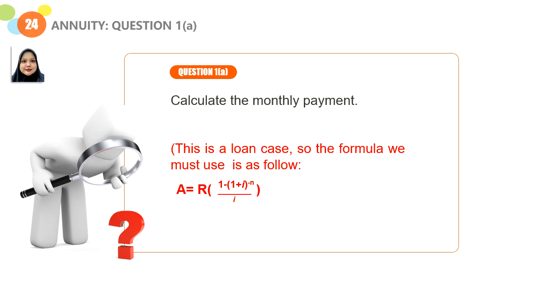Now let's calculate the monthly payment represented by R. Since this is a loan case, the formula we must use is as follows. We substitute the values into the loan payment formula.